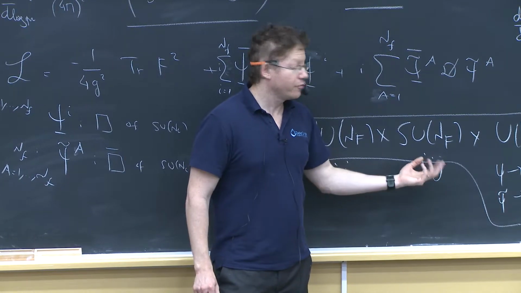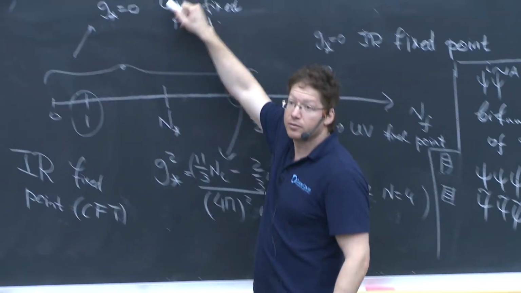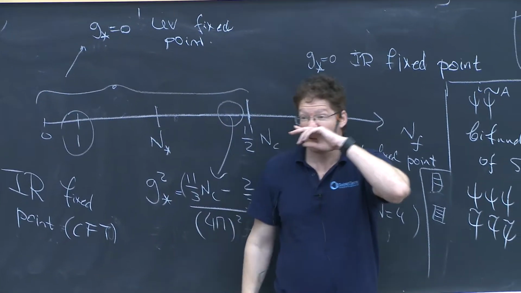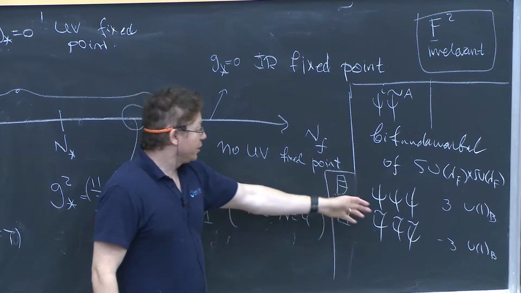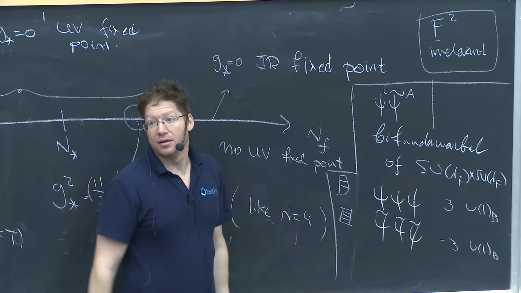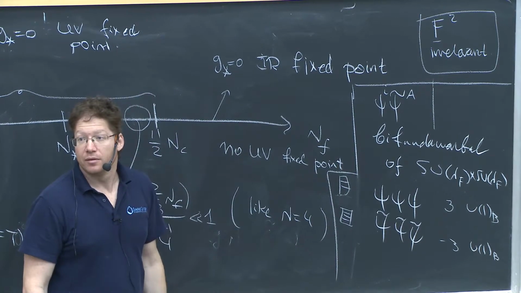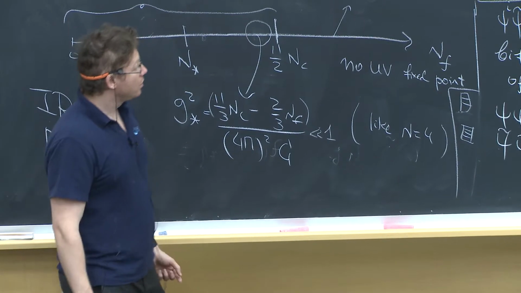So some of these OPE coefficients have to be the same as in the UV fixed point, g star equals 0, so you can compute them directly. The dimensions of baryons probably get renormalized. In the free theory, they would be like NC over 2, but they probably get renormalized.